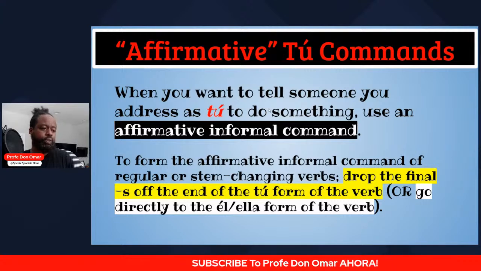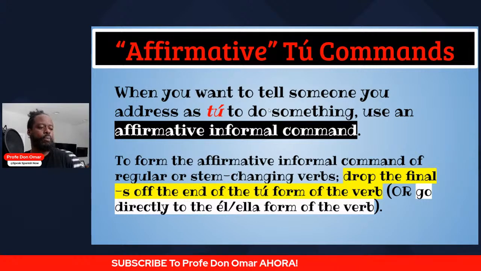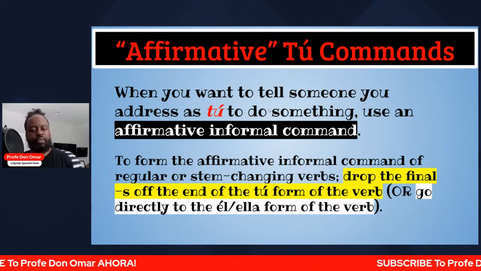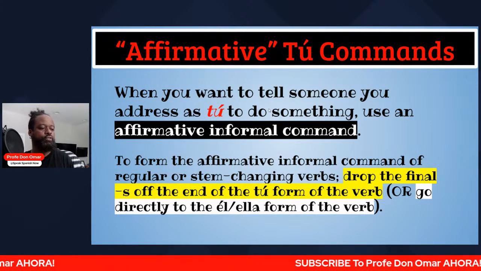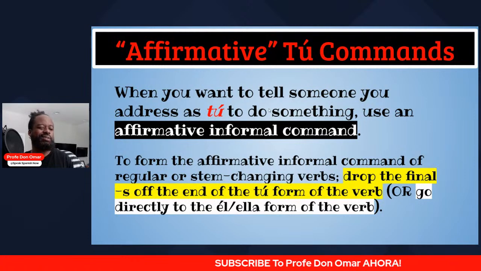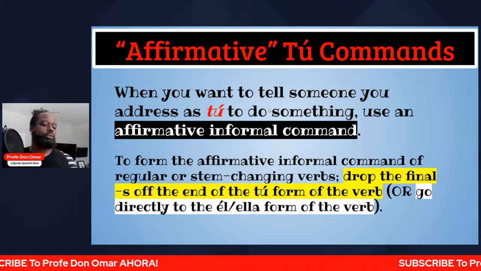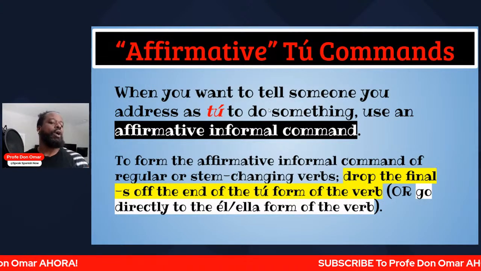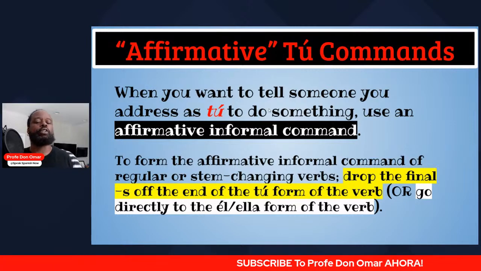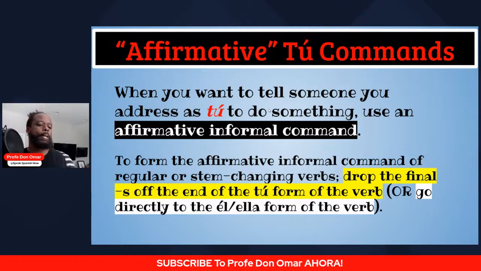Now, the second thing here, it says to form the affirmative informal command of regular or stem changing verbs, and that's something that we call boot verbs. If you haven't really touched base on that, it's not a big deal right now. But these are the steps on how to form that command. You want to drop the final S off of the tú form of any verb, okay?